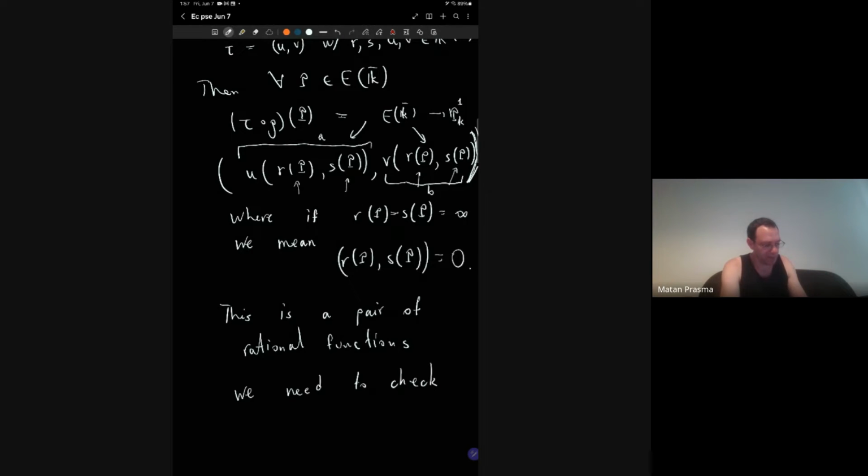So we want to check that b squared equals a cubed plus a x plus b. Maybe I write it with P. This is a of P. This is b of P. And we want to check that b of P squared is equal to a of P cubed plus a of P plus b.